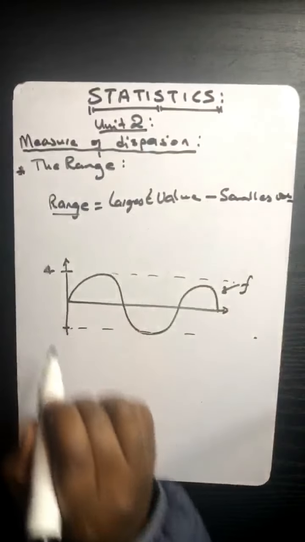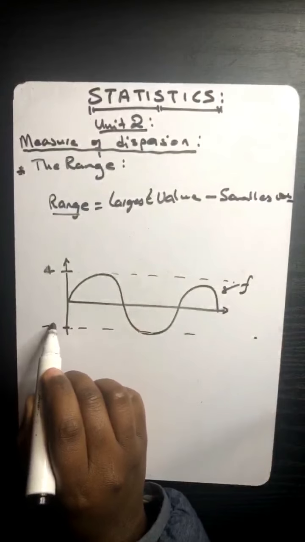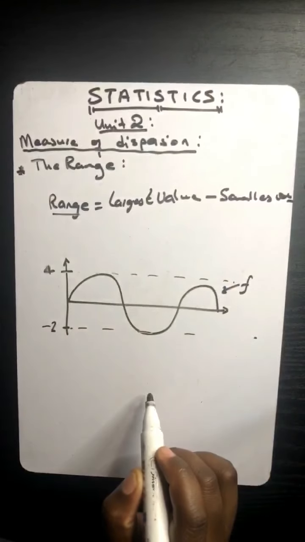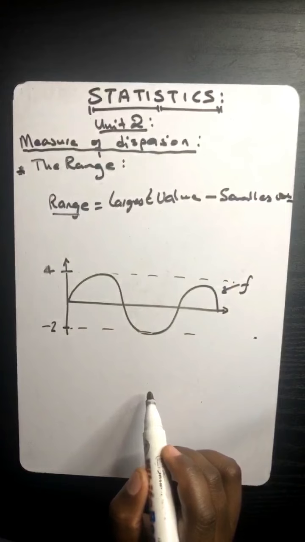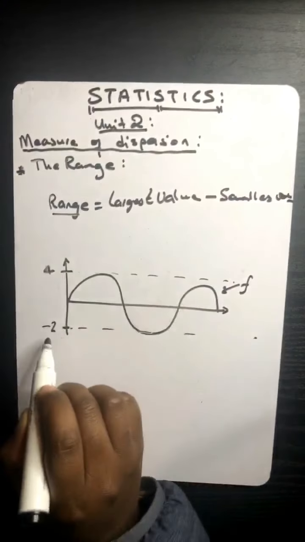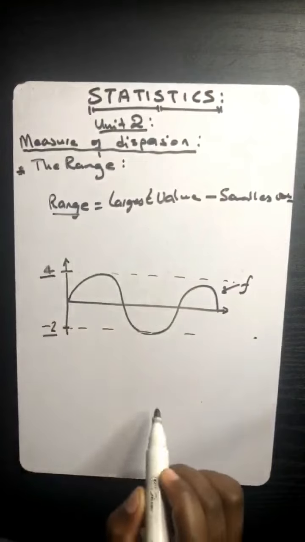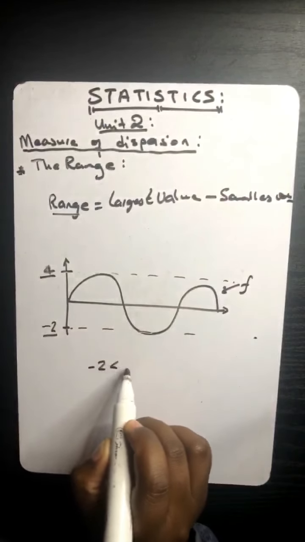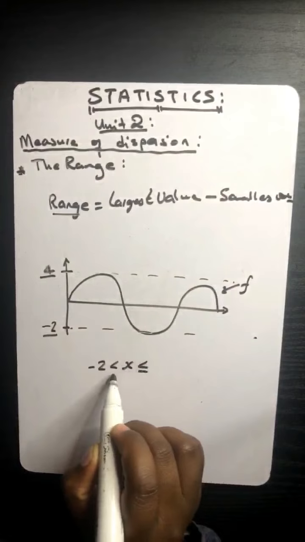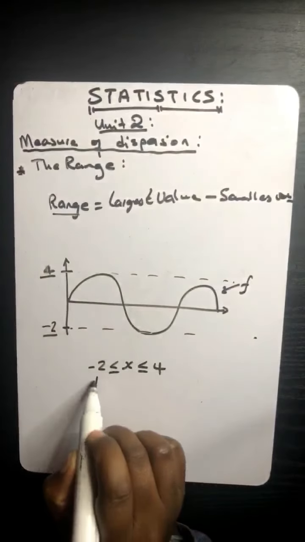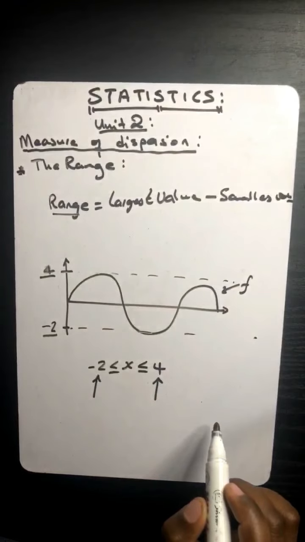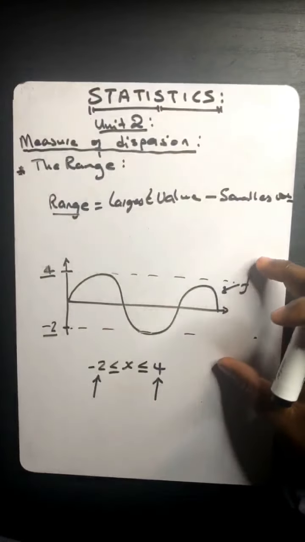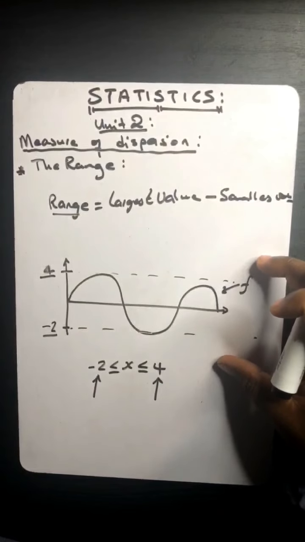Here, we could be having 4, and then there we could be having, let's say, negative 2. So in terms of the range, we would say the function in this case is ranging between that and that. So there's a way in which we represent that. We say it ranges between negative 2 and positive 4. That's if we're dealing with the range on the trig function.